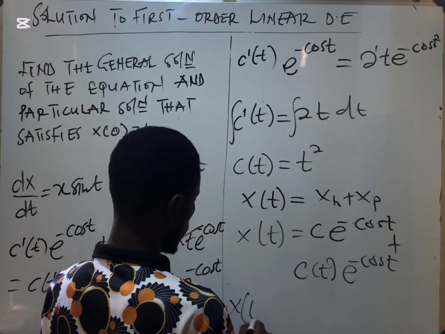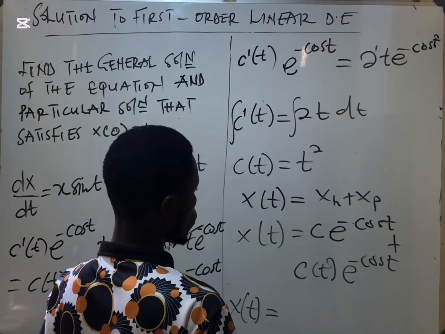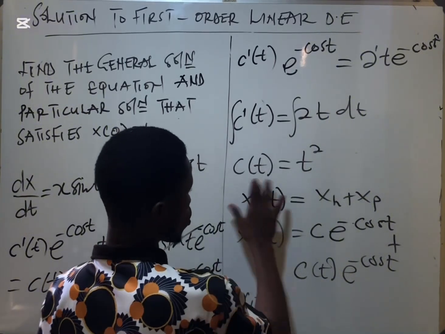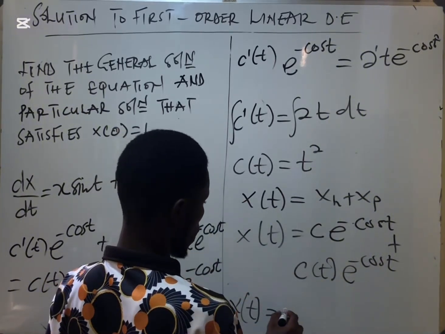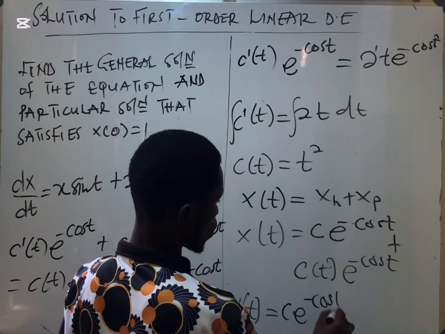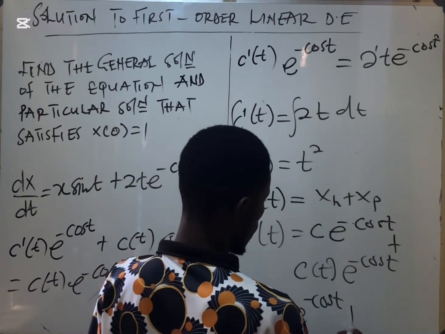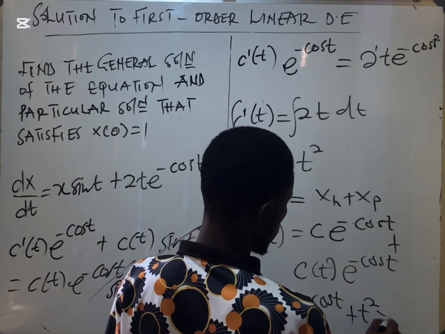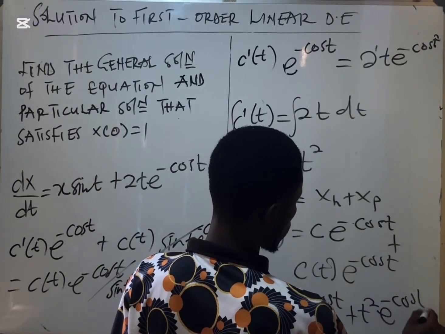But now we know our c of t to be t squared, so our final answer becomes c e negative cos t plus t squared e negative cos t.